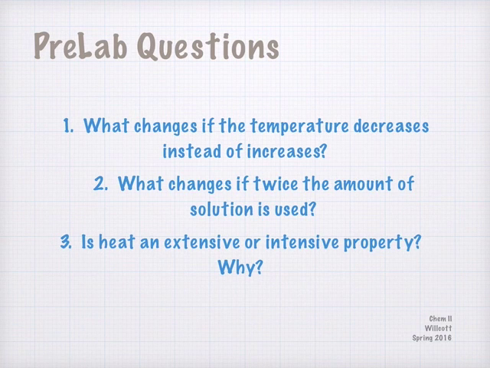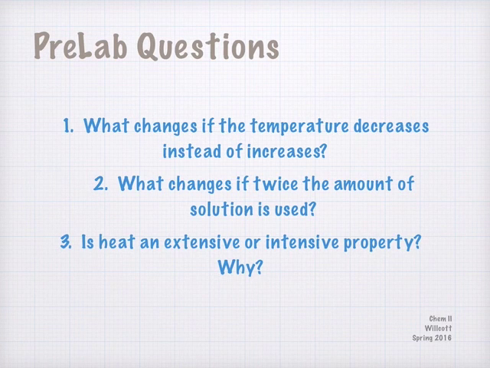So when you look at the experiment, you'll see that there's a certain amount of the solution used. What happens if you use twice that much solution? What variables would you expect to change? Just think about how the amount of solution impacts other variables in the equation. And note that we are most concerned with the solution as a mass.